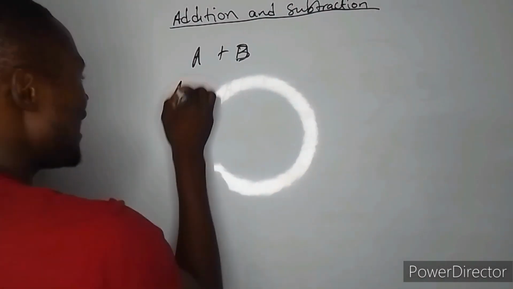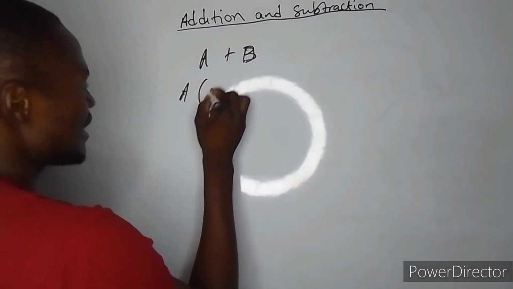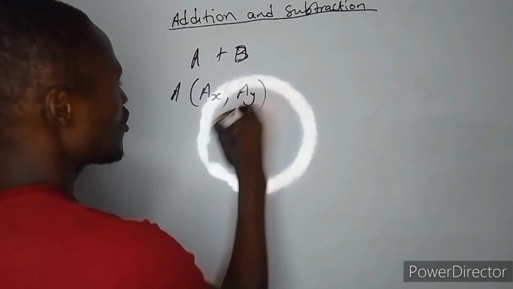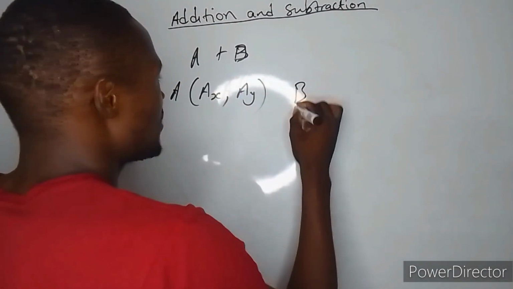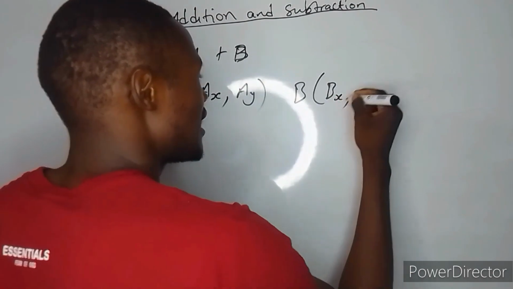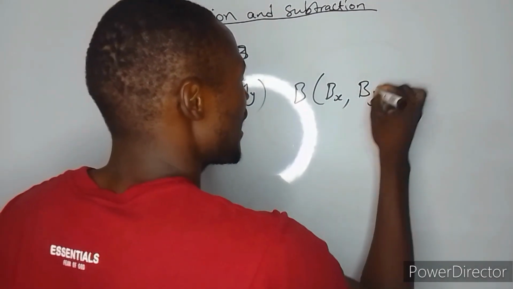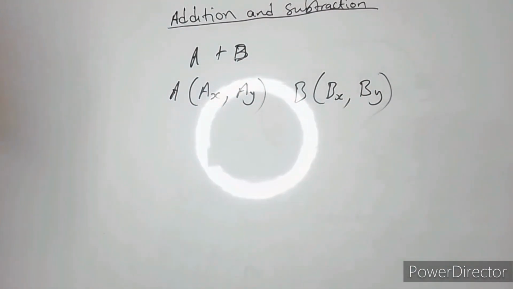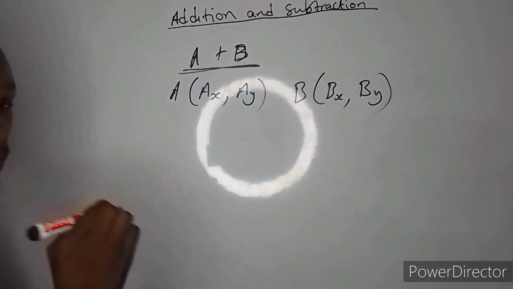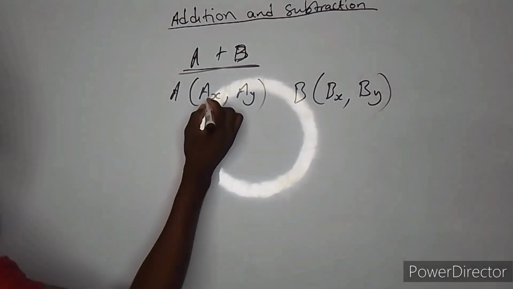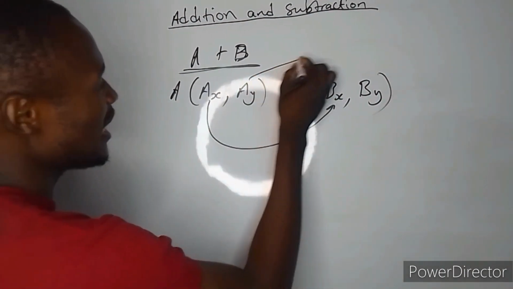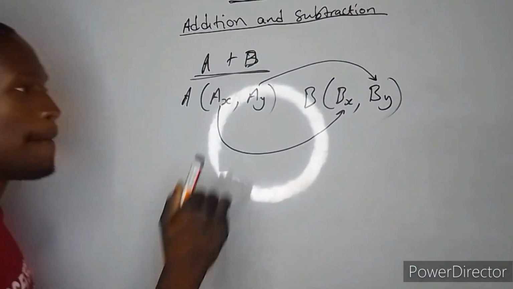A can be written as (ax, ay), and vector B can be written as (bx, by). Now, if we want to add, it is very important that ax adds with bx and ay adds with by.